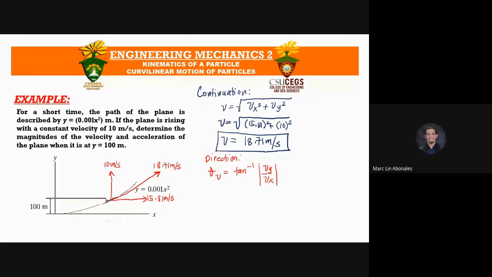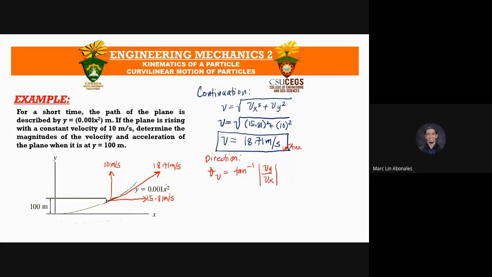Okay, so when we consider two dimensions, we only use trigonometric functions. So for the direction of the velocity, we use this equation: inverse tan of the y component over the x component, or Vy over Vx. But since in this problem no direction is asked, only the magnitude, this will be your final answer, which is 18.71.